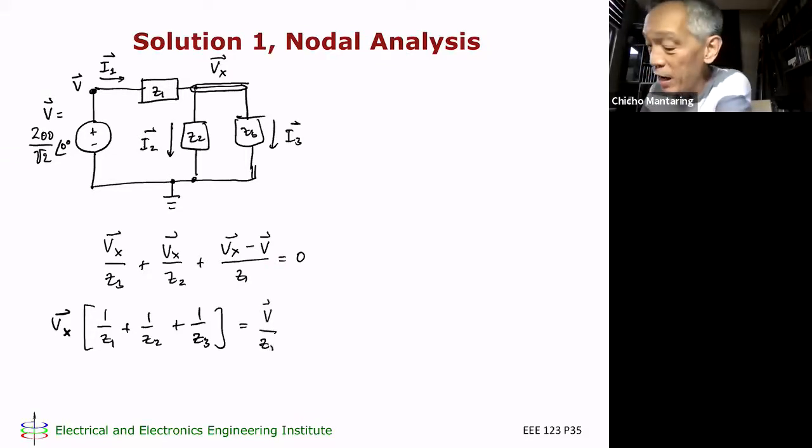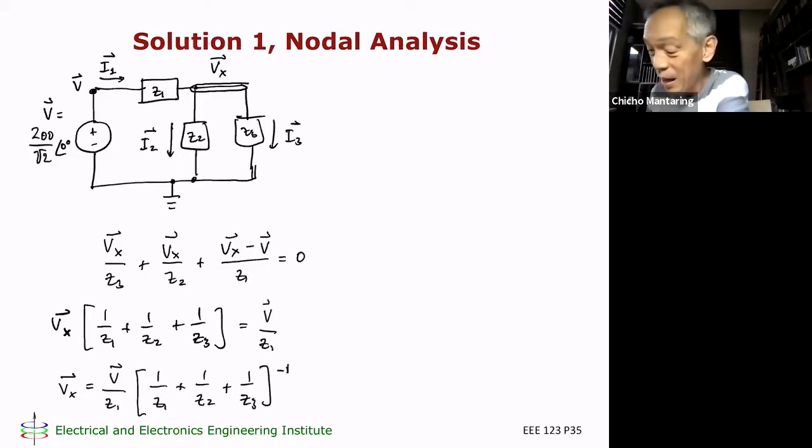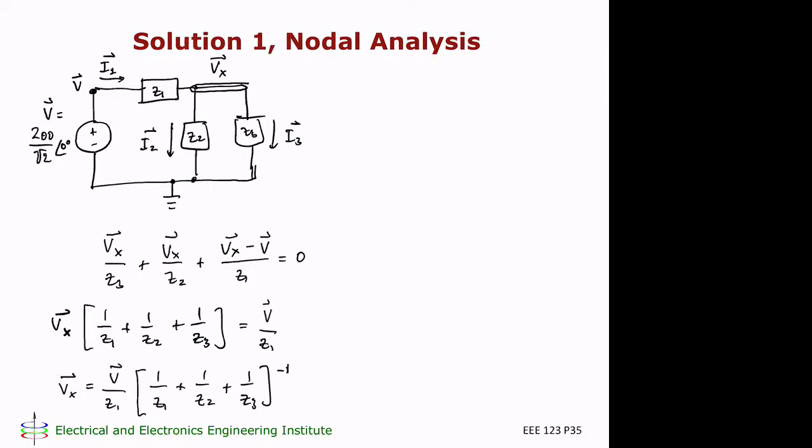So anong expression ko for Vx? Vx is just going to be V over Z1 multiplied by 1 over Z1 plus 1 over Z2 plus 1 over Z3 raised to the minus 1. Tama? Nakita nyo? Yes po, sir.